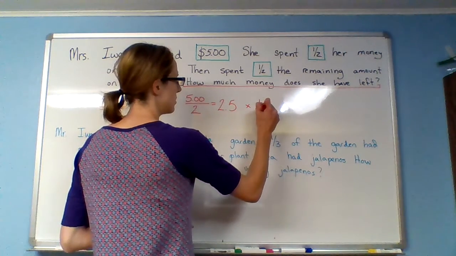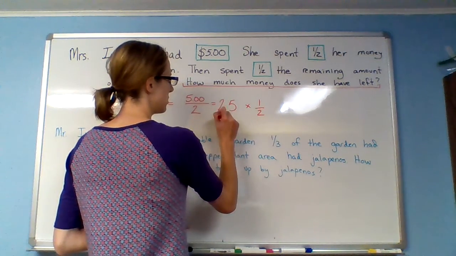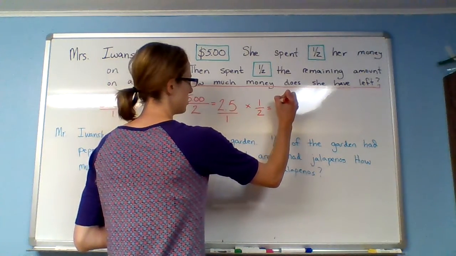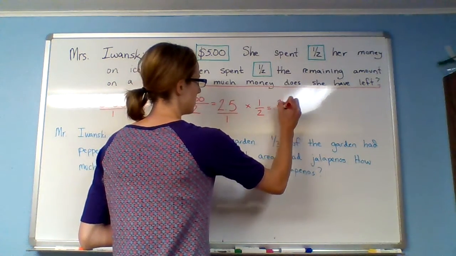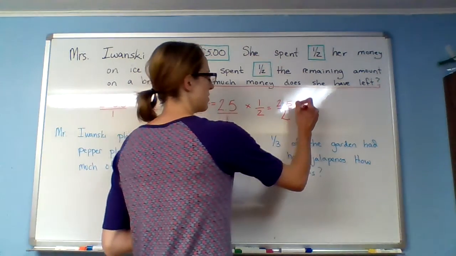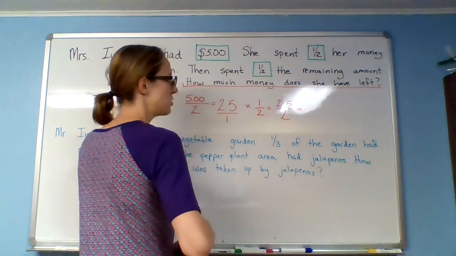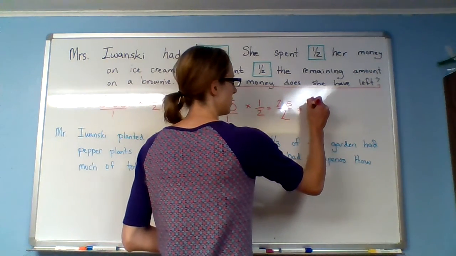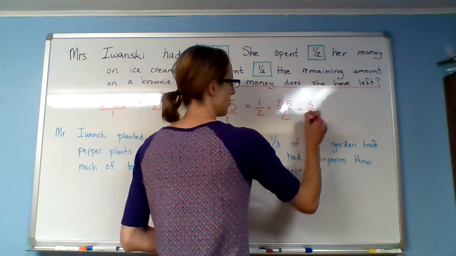Of means multiply. 2.5 over 1, I would get 2.5 divided by 2. 2.5 divided by 2 is the same as 5/4.